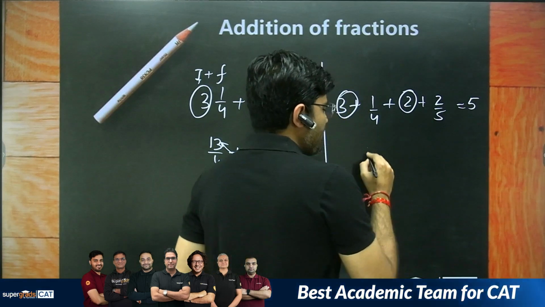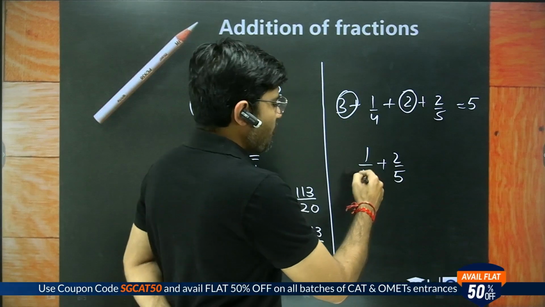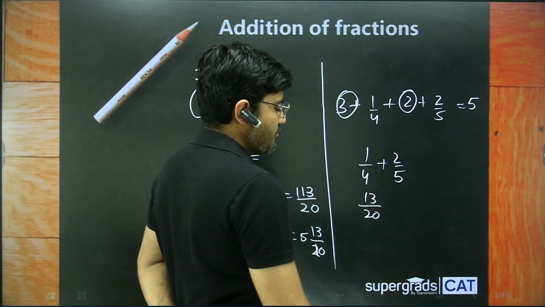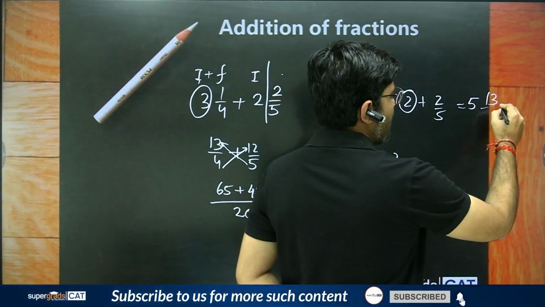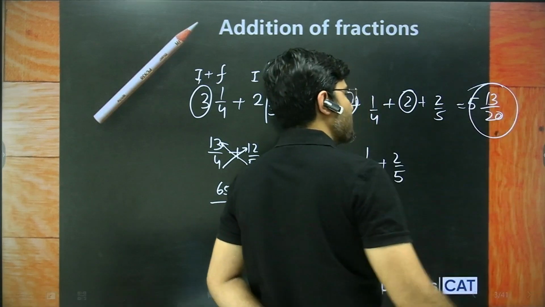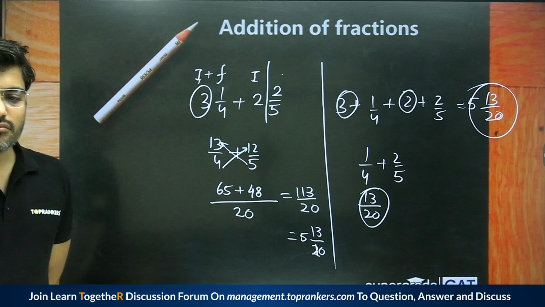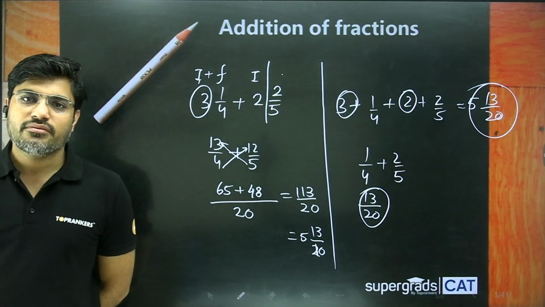And add these fractions 1 by 4 and 2 by 5 separately. 5 plus 4 into 2, 8, which is nothing but 13 by 20. So the fractional part is 13 by 20, and hence the answer is 5 13 by 20. The answer is 5 13 by 20.